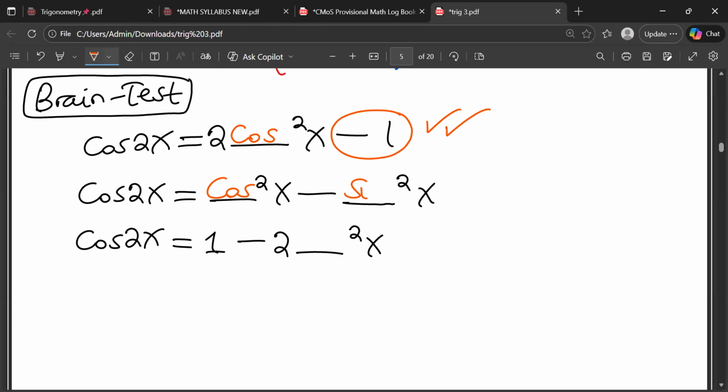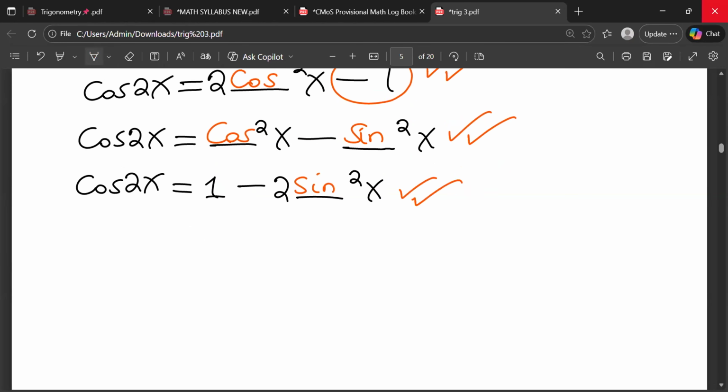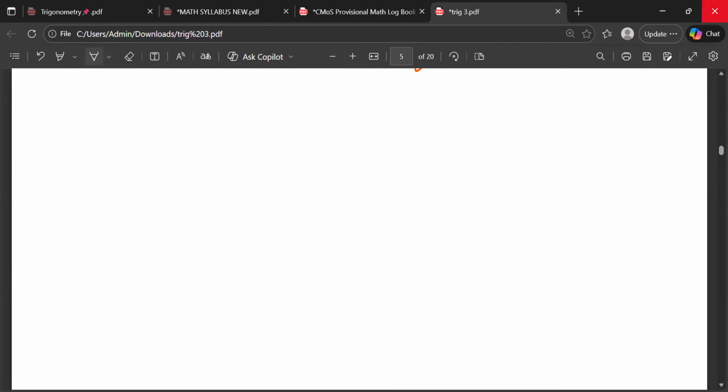Then sine, this side also. You know why, Walter? Sine. Sine, okay. People, that is it. So let that not confuse you.